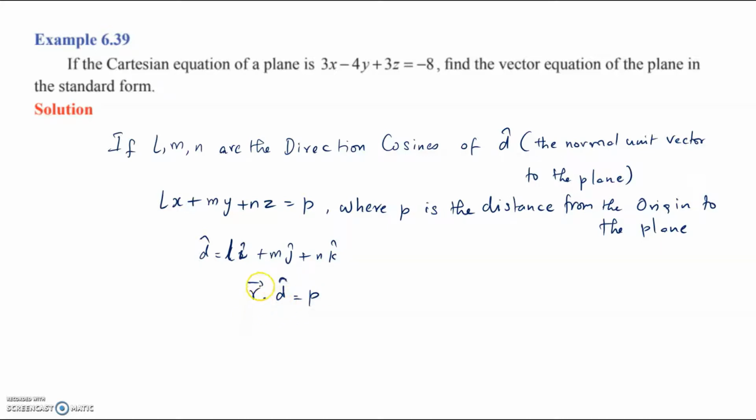Substituting L, M and N in d cap, where L, M and N here are 3, minus 4 and 3, we get r vector dot 3i cap minus 4j cap plus 3k cap is equal to minus 8, or we can rearrange this equation as r dot minus 3i cap plus 4j cap minus 3k cap is equal to 8.